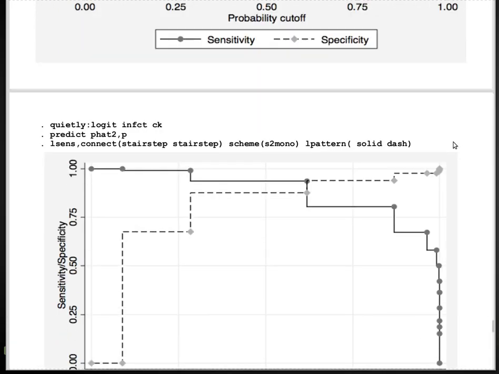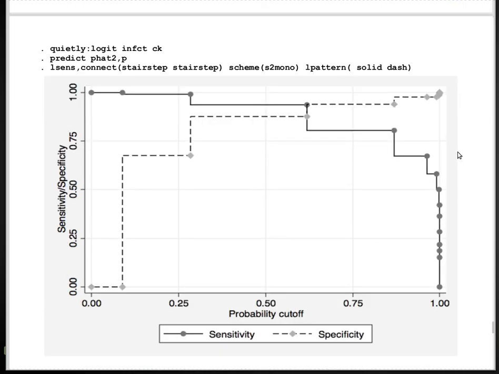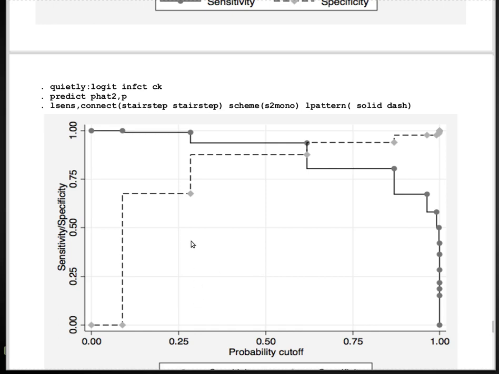But we could say, well, how about I use the actual CK values here from this particular project and construct a similar sensitivity and specificity as a function of cutoff for a model in which we use the actual CK and not just whether or not it's above or below 100.